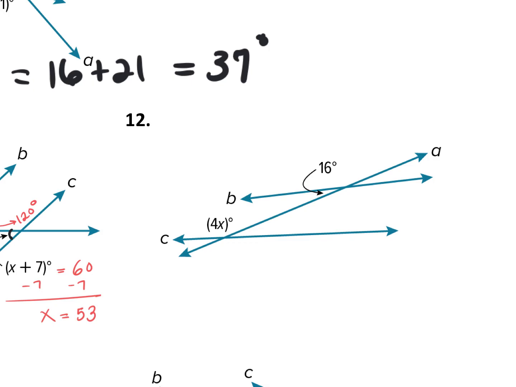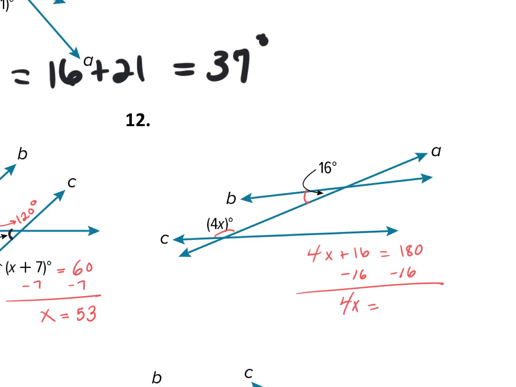For number 12, we're just given a very straightforward consecutive or same side interior angles. So we can do 4x plus 16 equals 180 because they are supplementary. Or, of course, you could also do 180 minus 16, which is exactly what I have to do here to solve this equation anyway.